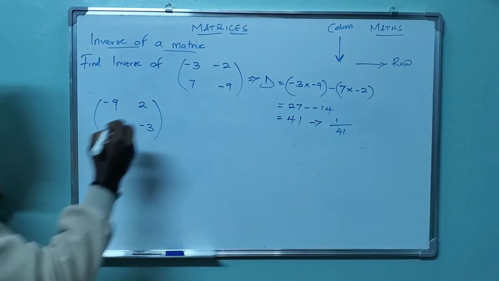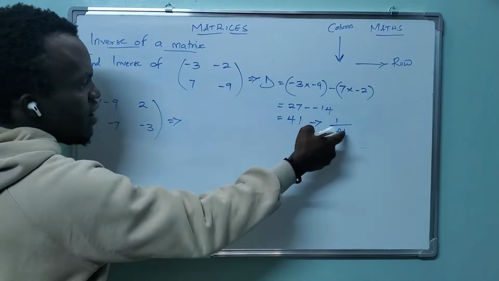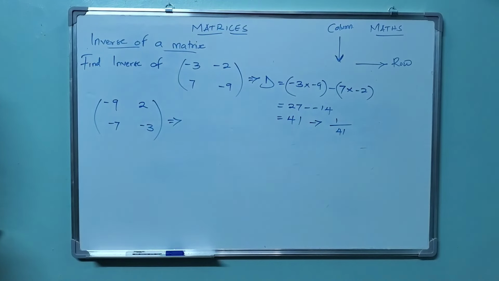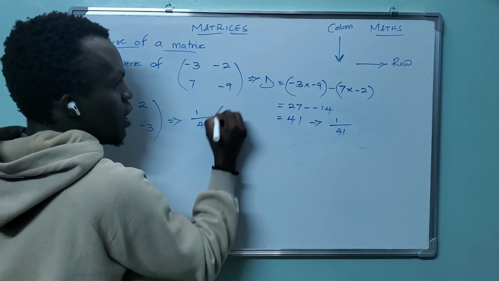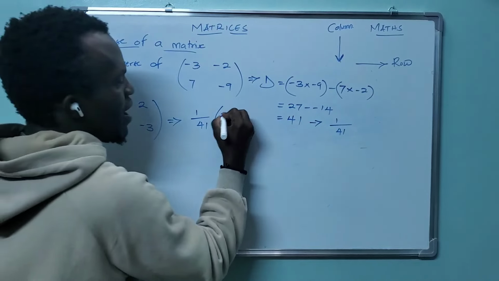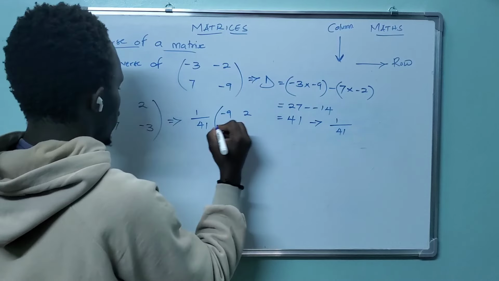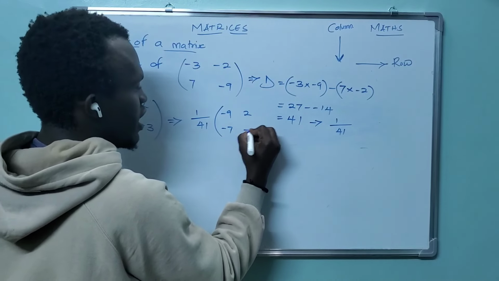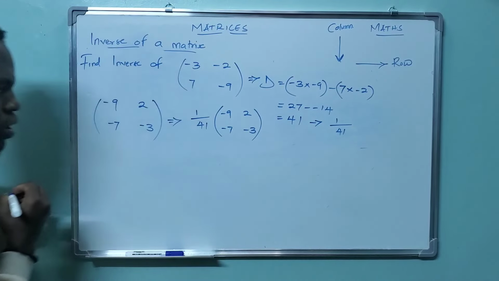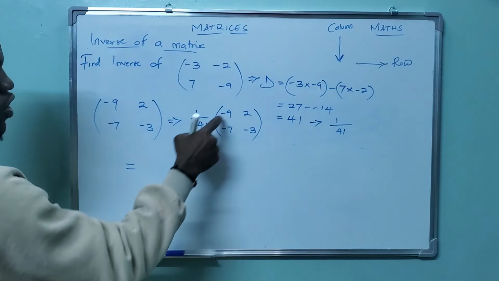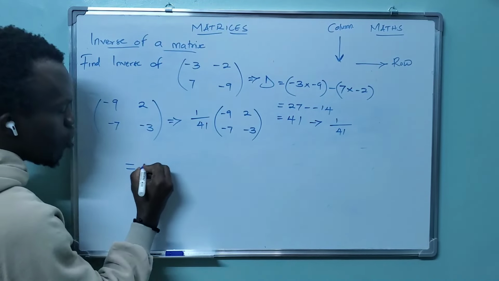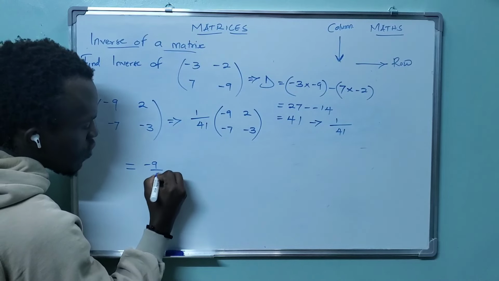Then what am I going to do? I'm going to take the inverse of the determinant and multiply it by my adjusted matrix, which means I'm going to have here 1 over 41 multiplied by negative 9, 2, negative 7, negative 3. Which means I'm going to have my inverse as 1 over 41 multiplied by negative 9, that is negative 9 over 41.